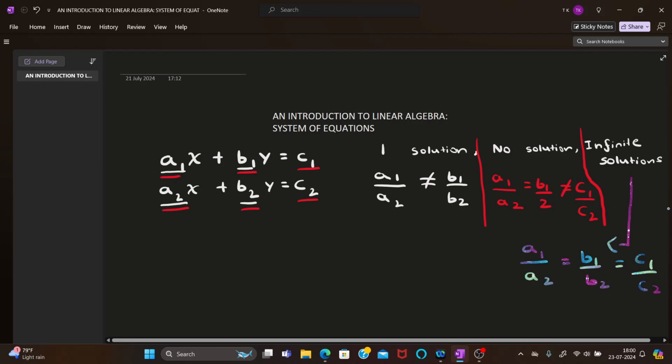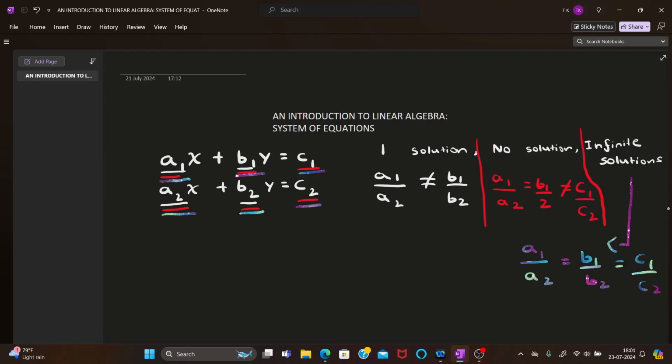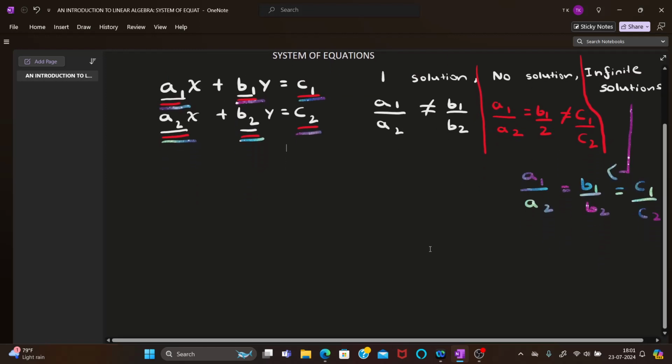So when all three of these are equal, we have infinitely many solutions. And this is a basic trick to find out how many solutions a system of equations has. So now let's look at examples for all of these to help us understand this further.